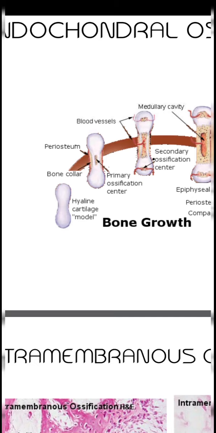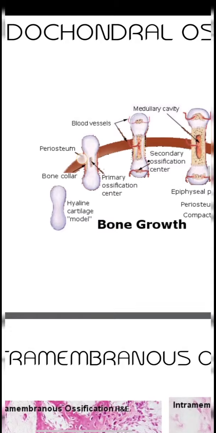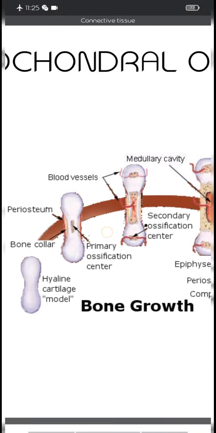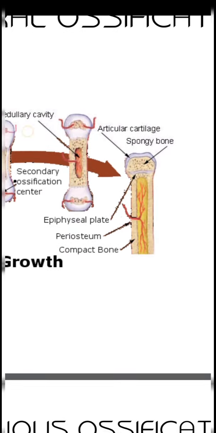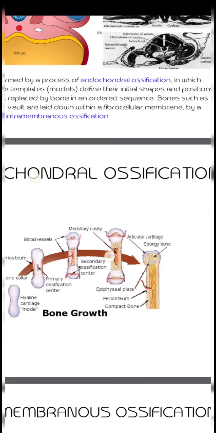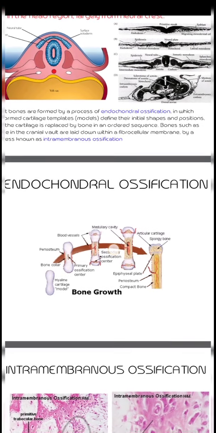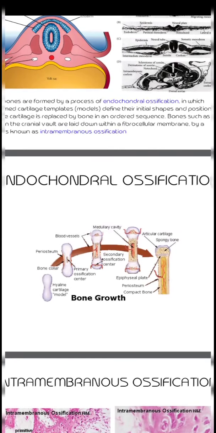Then multiple ossification centers appear within that model which start to ossify that cartilage, and in the end a bone is formed. So ossification is the process through which calcium is deposited and the bone is hardened. It is transformed from cartilaginous substance into bony material.